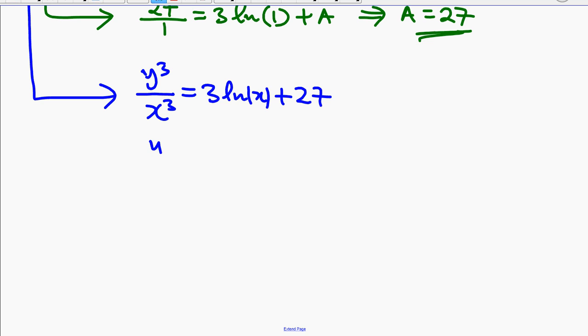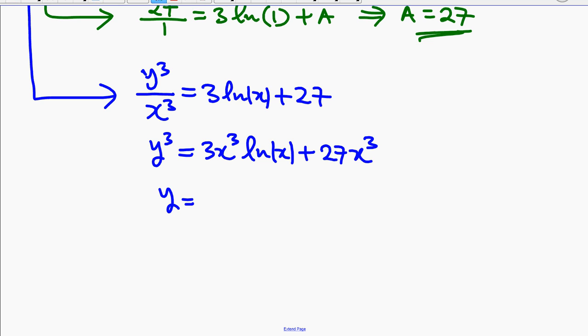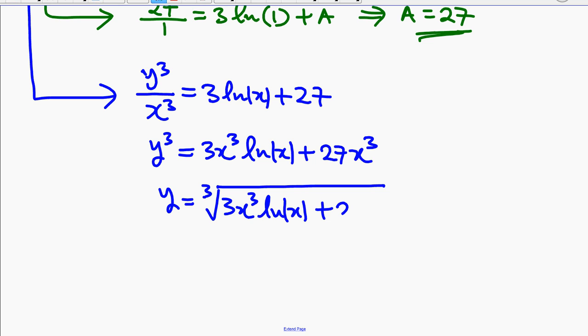So you'll end up with y cubed is equal to 3x cubed ln x plus 27 x cubed. So y will be equal to the cube root of 3x cubed ln x plus 27 x cubed. All right.